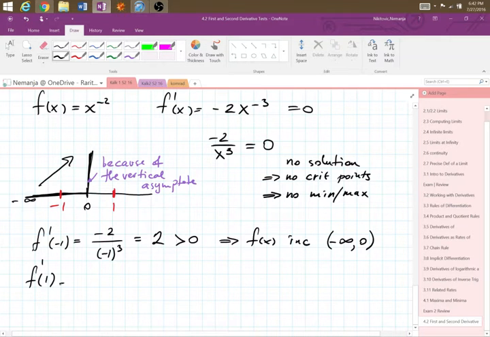F prime computed at 1 is -2 over 1 cubed, which is -2, which is less than 0, which implies that f of x is decreasing on 0 to infinity.